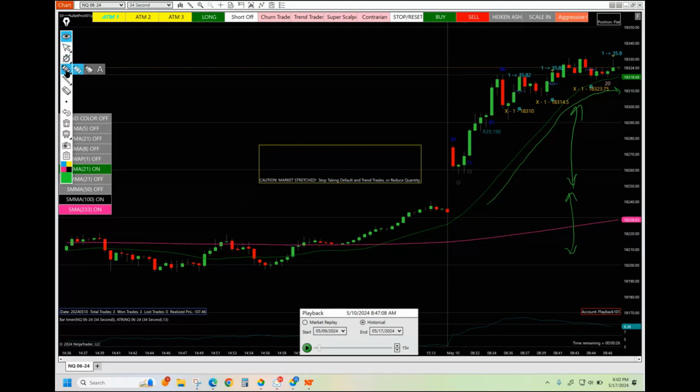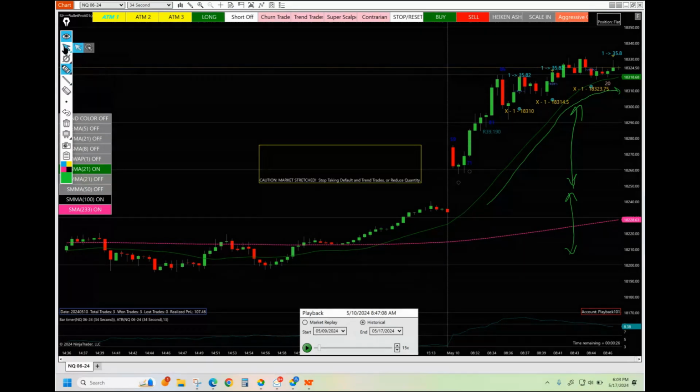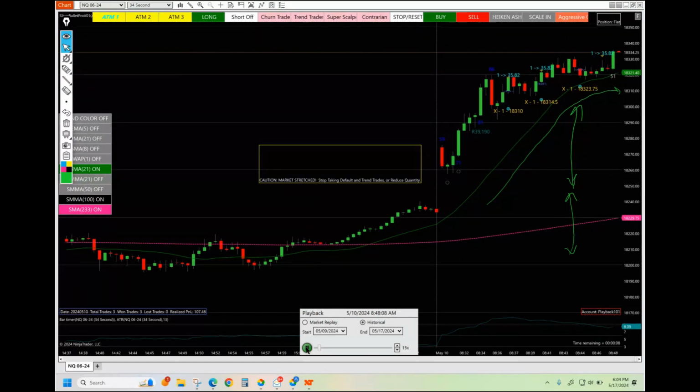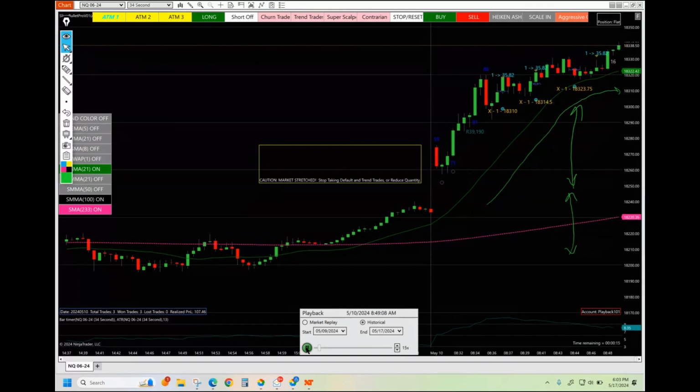Okay. So for now, I have taken only 3 trades. I might go with one more. $100 is not too much profit. I will try to take one more and see where the market is going. It's still a bullish market, still going up nicely.